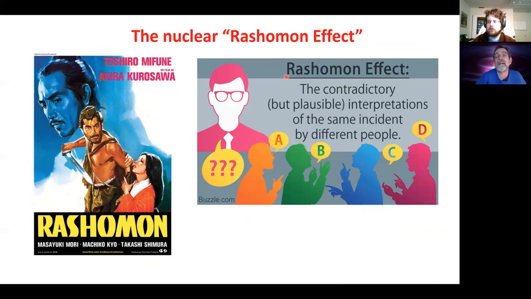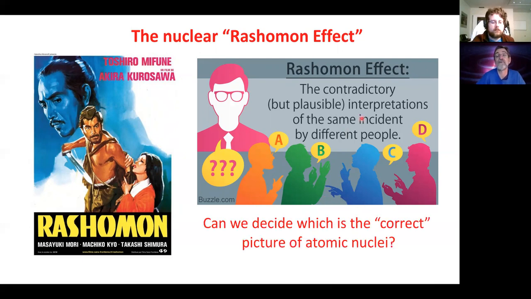So this has gone into the lexicon as the Rashomon effect, contradictory interpretations of the same incident. So we seem to have two contradictory interpretations of the same experiment. And which one is the correct one?